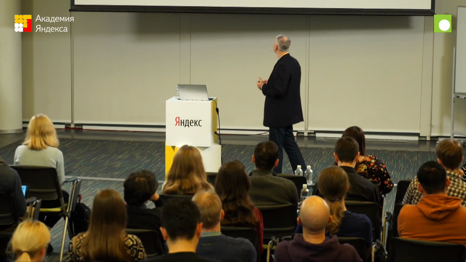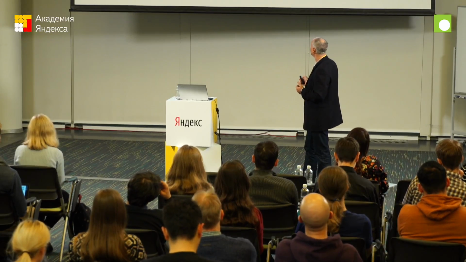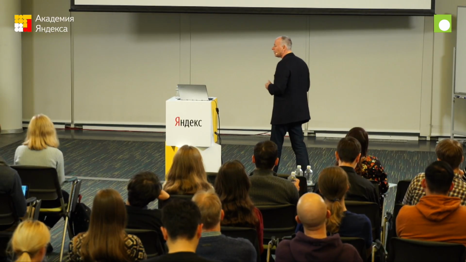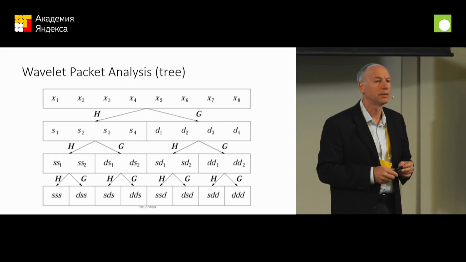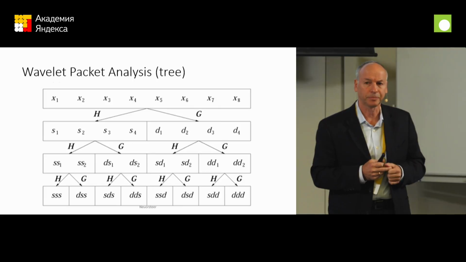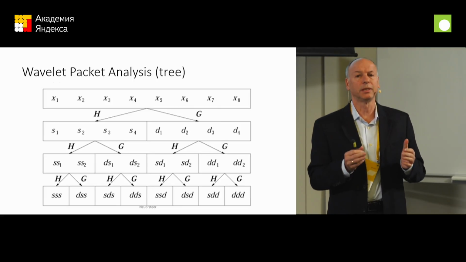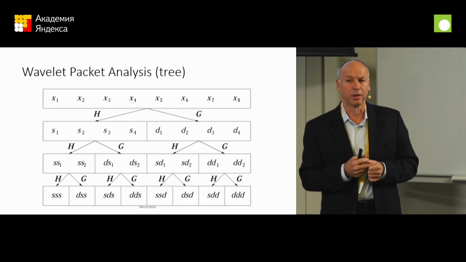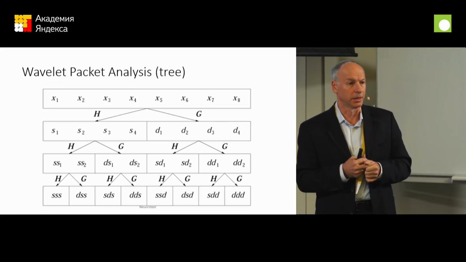So we have now basically the construction with these W's of the mother wavelet, and with this we can construct this wavelet packet tree. So wavelet packet tree is the extension of wavelet representation.